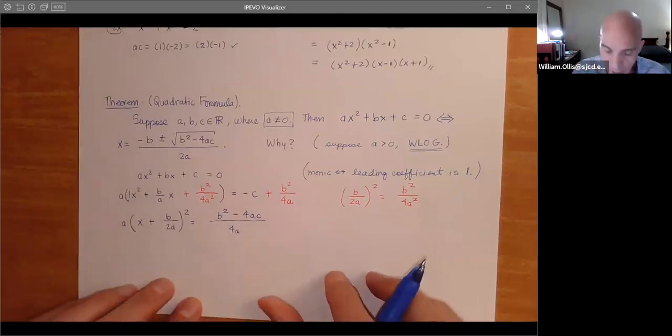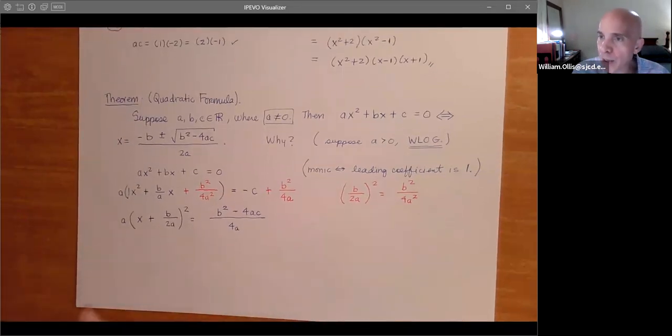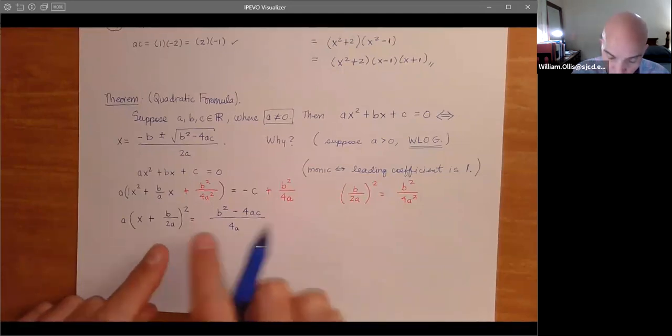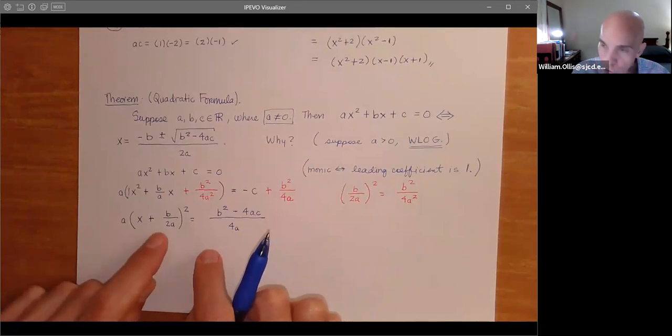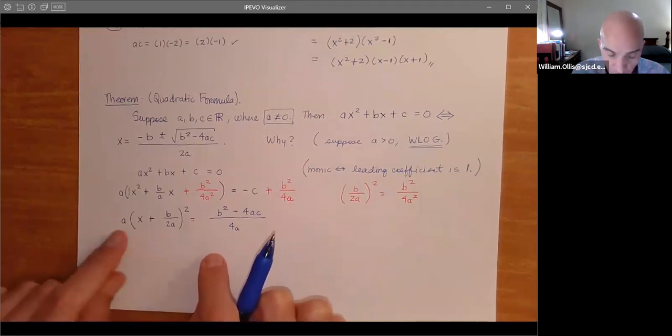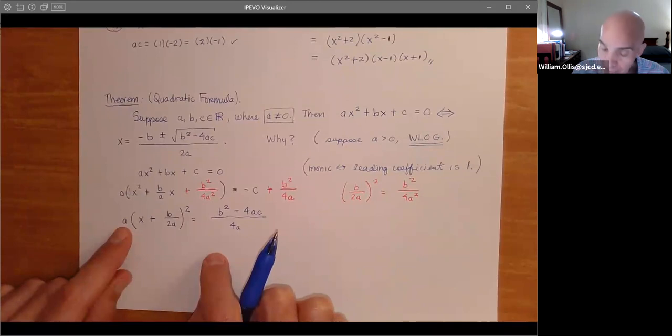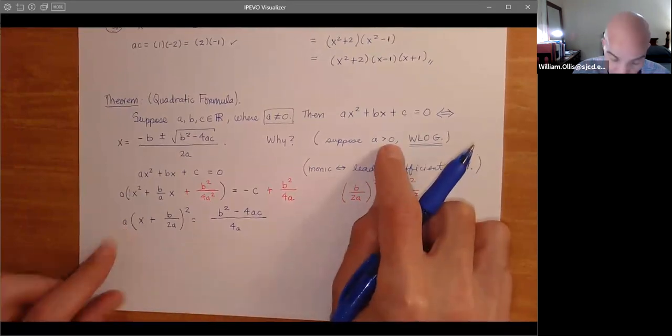Again, very simple and certainly probably very familiar to you. Now at this point, we're thinking, okay, we're almost ready to use the square root property, but we need to divide by a. And again, a is positive by our assumption.